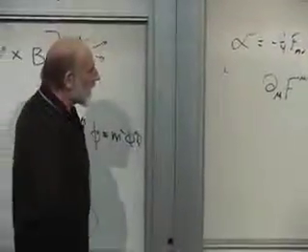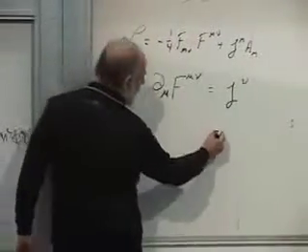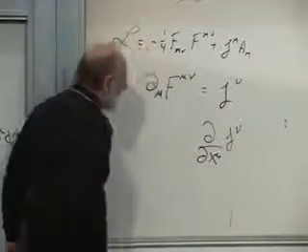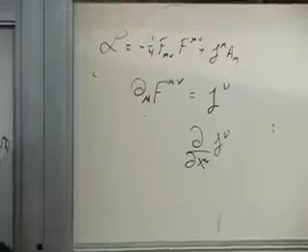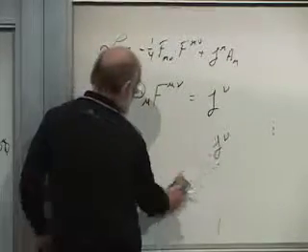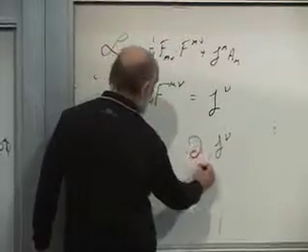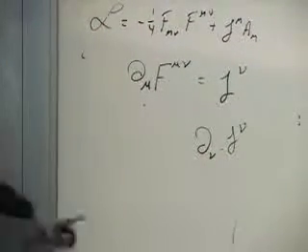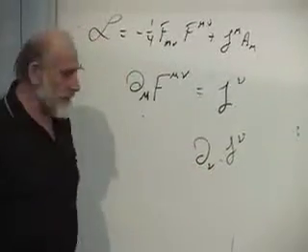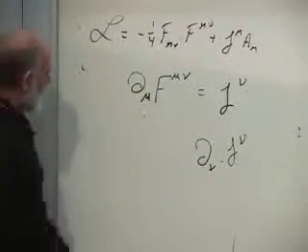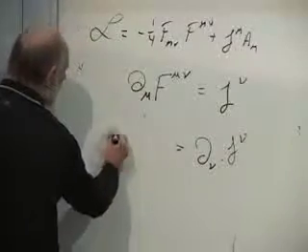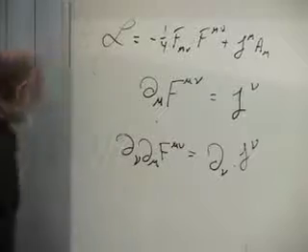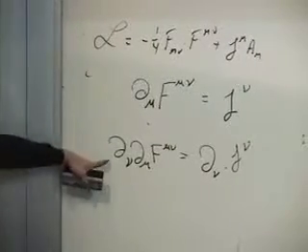We can check it. Let's differentiate with respect to x nu. That would be the continuity equation. Is it equal to 0? Well, it's equal to d nu d mu F mu nu. How about this? What is this?